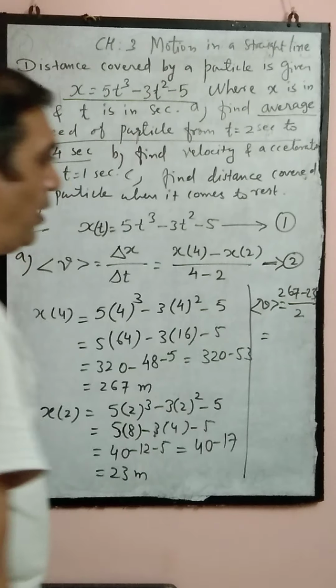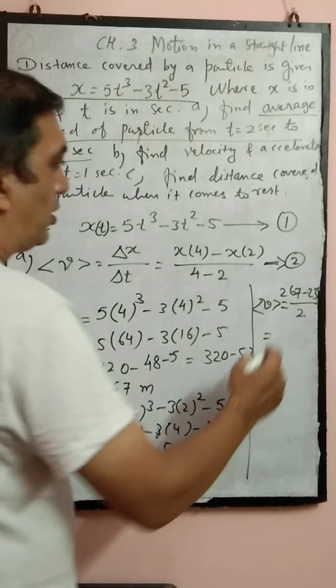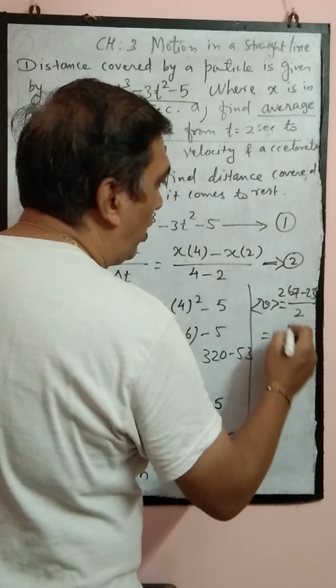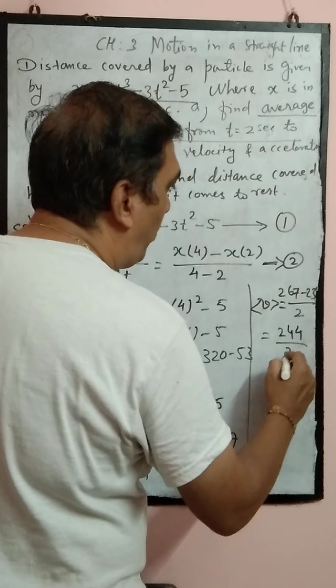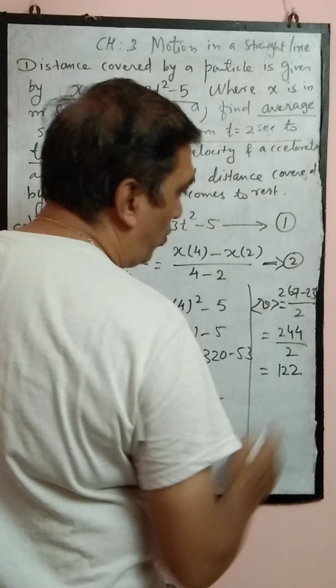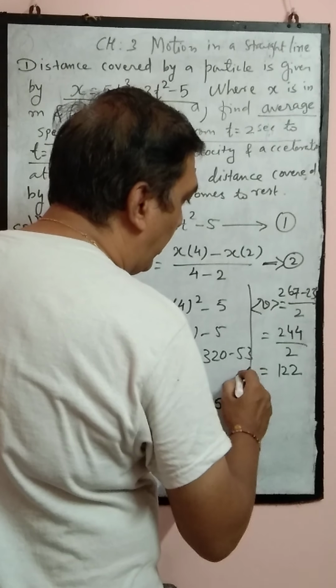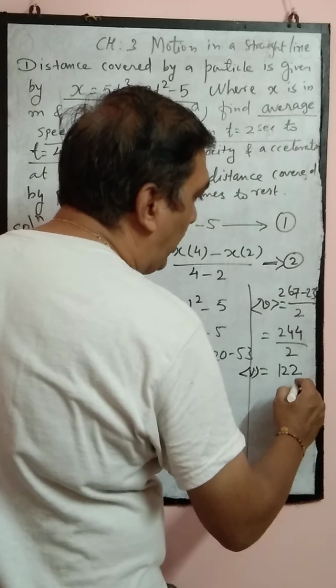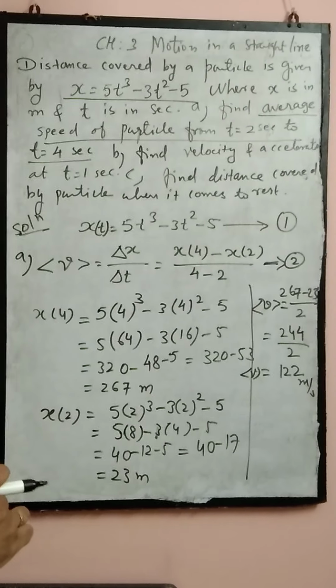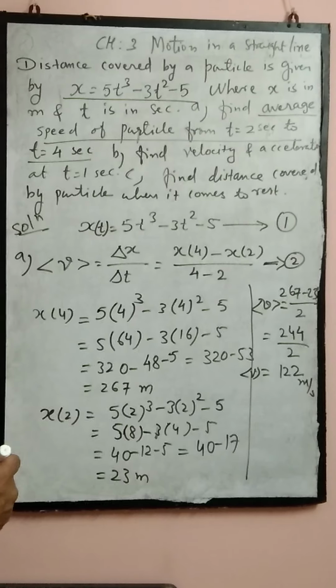So average v, that is, 7 minus 3 is 4, 6 minus 2 is 4, 2, 244 divided by 2, that is 122, right? So average v is equal to 122 meter per second between t equal to 2 second to t equal to 4 second.